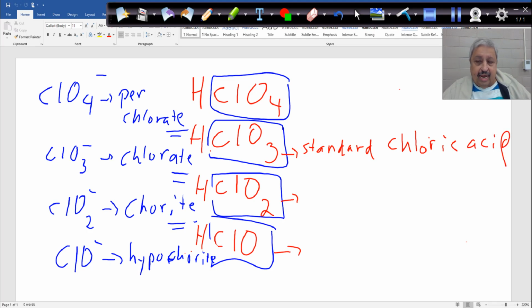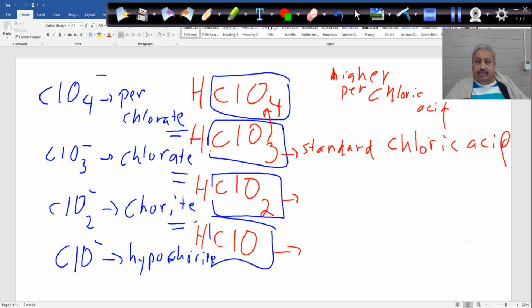This one is hyper, so hyper means more or higher because it has higher oxygen, one oxygen more, correct? So hyper means higher. So then we say this is what? Perchloric acid.